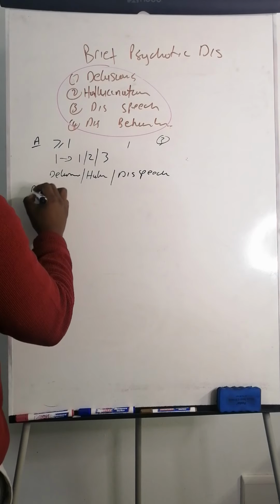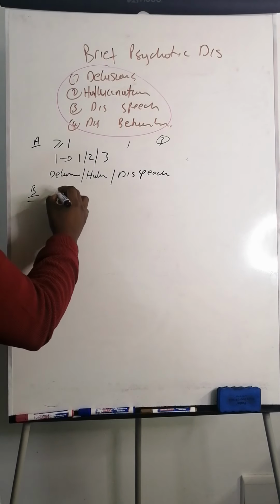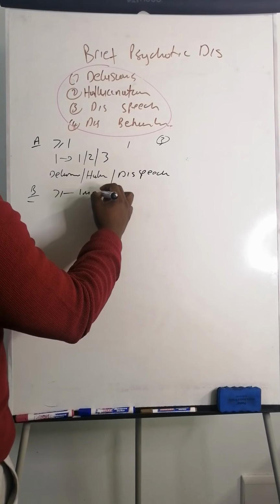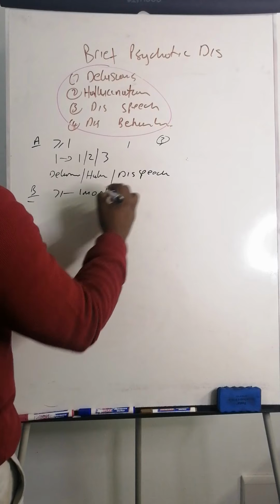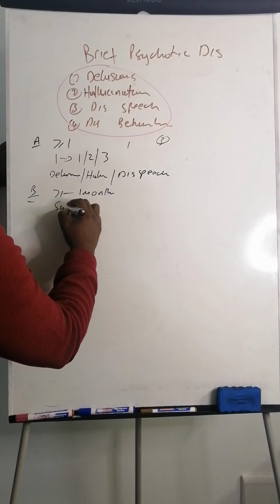Criterion B says that those symptoms must have been there for more than a day to just a month. And after that month, this patient must be symptom-free.